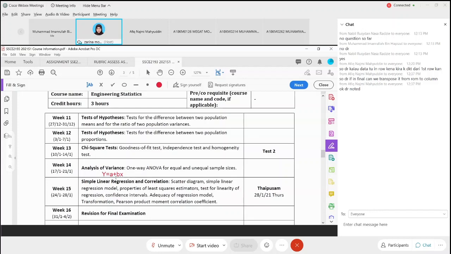What I want to say is, sometimes in a question, you can be given the values of x first, followed by the values of y. So in your calculator, you press the value of x first, followed by y. You have to insert the values pair by pair. So you have x1, comma, y1, and then insert the data in your calculator, and plus, for example.